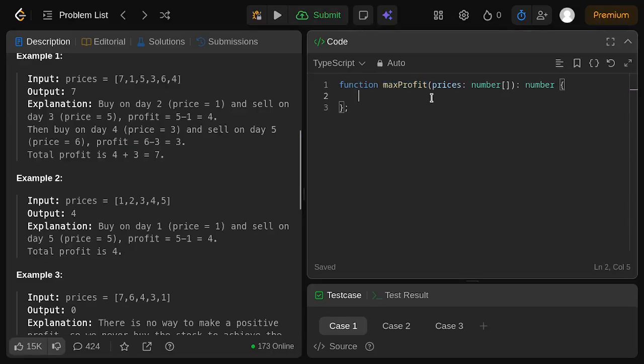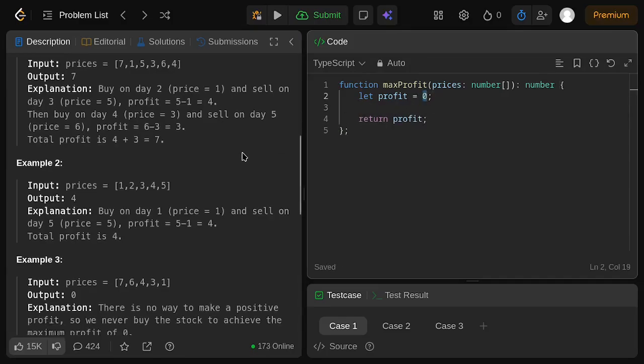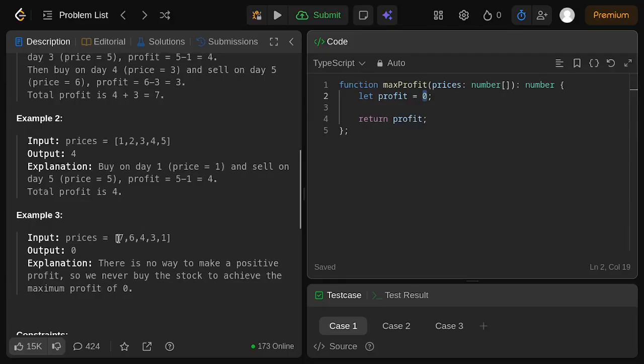We need to declare the profit using let profit, with the current profit being 0, and then return the profit variable as the result. We start with 0 because in example 3 we have 7, 6. Of course we don't want to buy at 7 and sell on day 2 at 6.